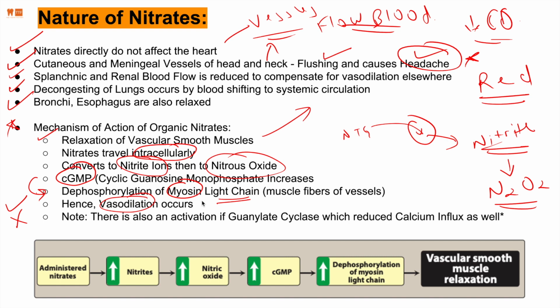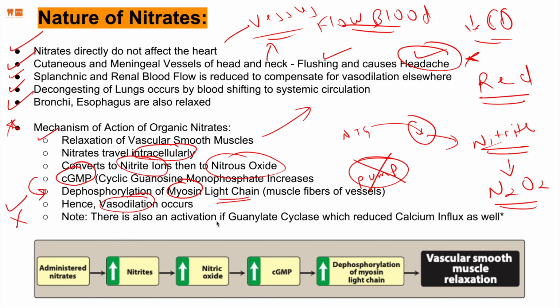So they are less active. Myosin is a muscle fiber. It tends to pump blood, right? In the heart, through the heart, into the vessels, through the vessels. When there is dephosphorylation, there is vasodilation. As simple as that. CGMP is very important to remember.